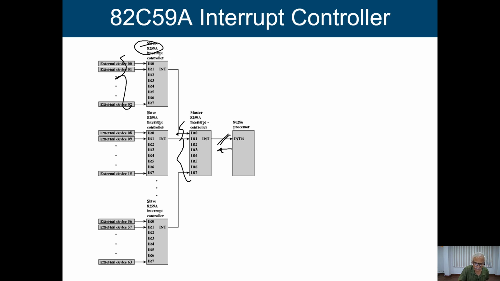That's why this is the master interrupt controller, and these are the slave interrupt controllers. Now if we connect 8 such slave interrupt controllers, the total number of devices that can be connected to this particular processor is 64, because each slave controller can handle 8 different devices.